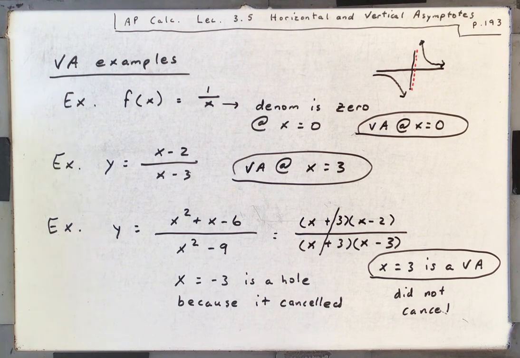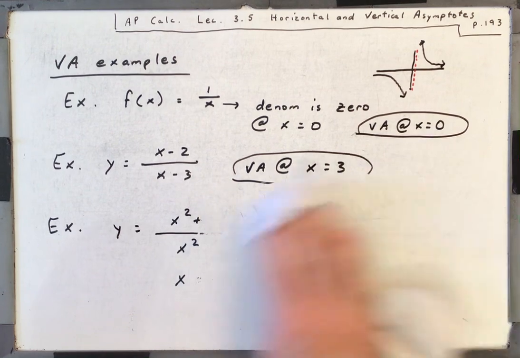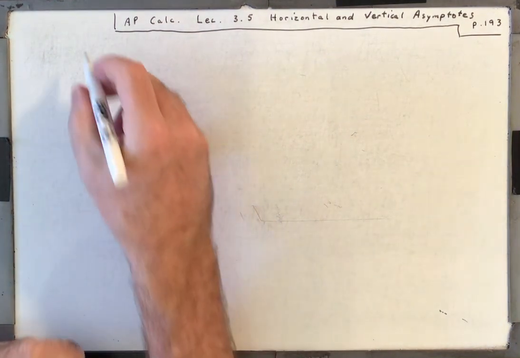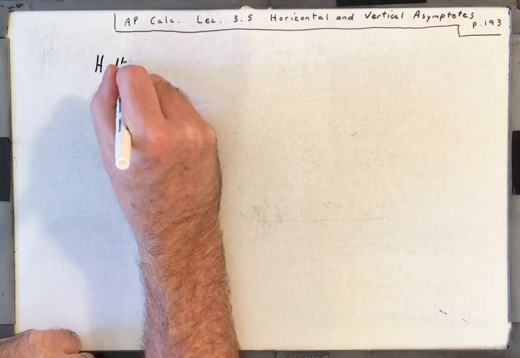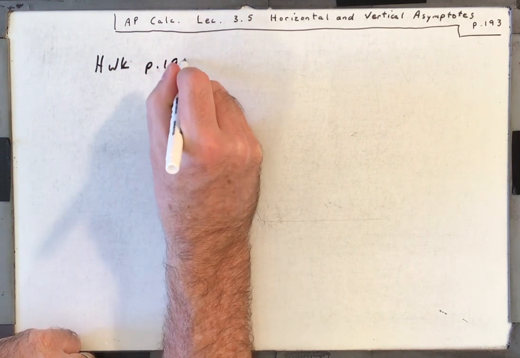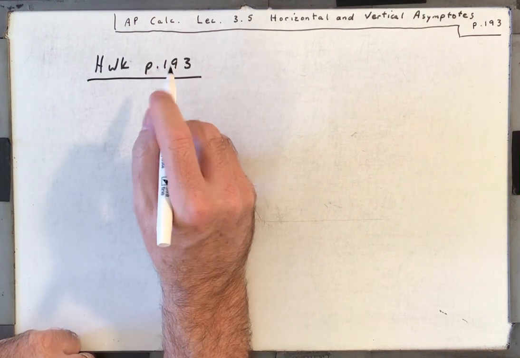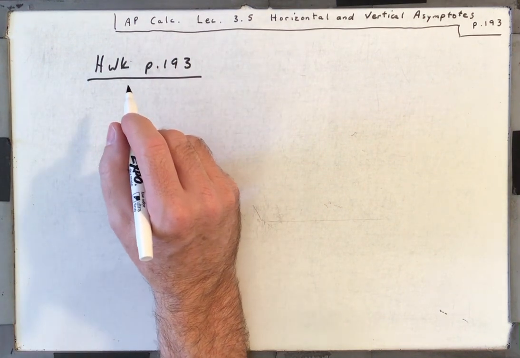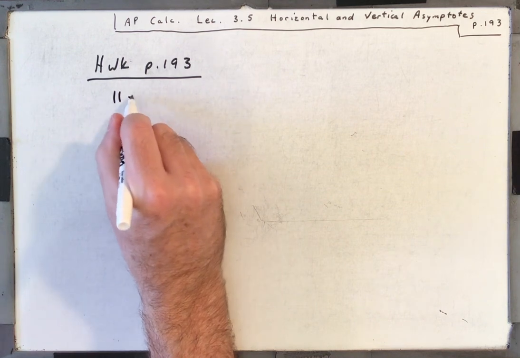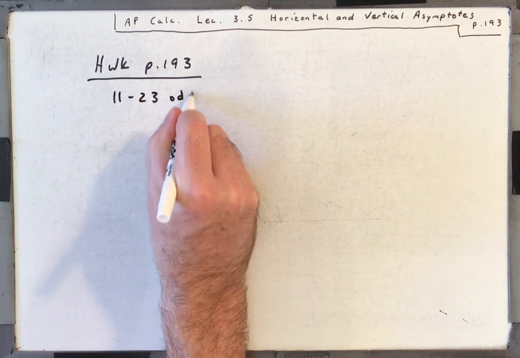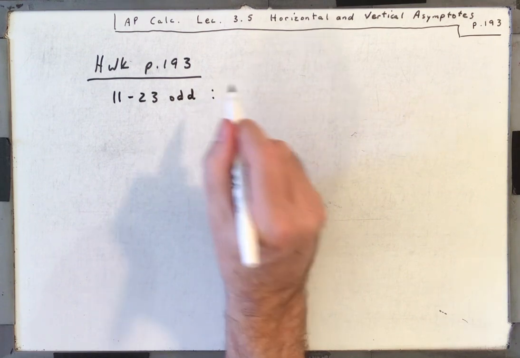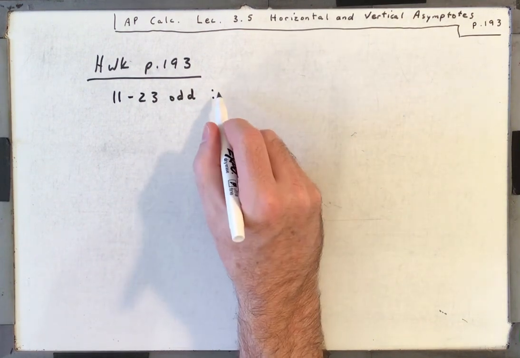All right, let's talk about the homework. We'll look at it in the book. My instructions are a little bit different than the book's instructions, so I hope you watch this. Our homework is page 193, do 11 through 23 odd. For those, you need to take the limit.